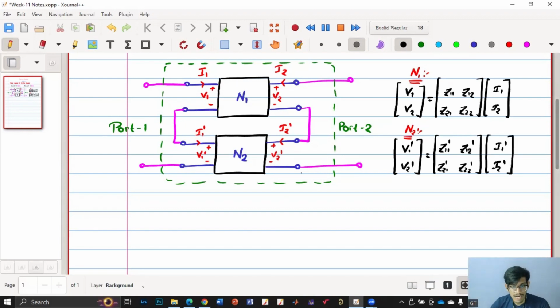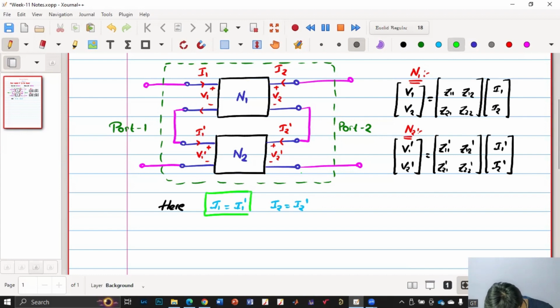So we have this kind of setup over here. But if you observe, we can say this current I1 is flowing into the next two port network N2. So we can say that I1 is equal to I1 dash and I2 is equal to I2 dash, because the same current is flowing in the other network also because they are connected in series.